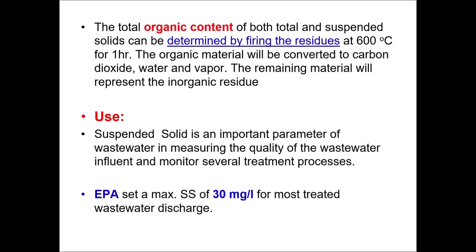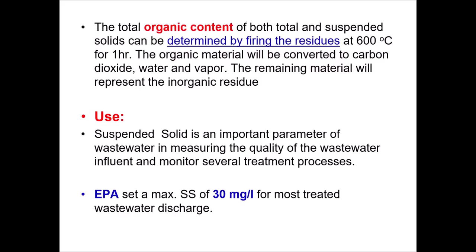Now, let's see how we determine the total organic content of solids. We measure the organic content in both total solids and suspended solids by firing the residues at 600 degrees Celsius for 1 hour. The high temperature causes the organic material to burn and vaporize, turning it into carbon dioxide, water, and vapor. What remains after the process is the inorganic residue. To analyze the solids more precisely, we look at which part is inorganic or organic.